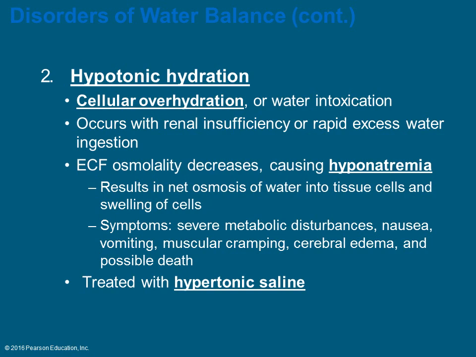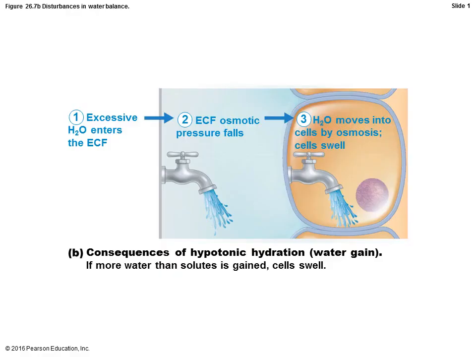In this case, a lot of water goes into the tissue cells and the cells swell up. Symptoms include nausea, vomiting, and muscle cramping. You often have huge disturbances in the metabolic processes, and this can lead to death. This can be treated with hypertonic saline ingestion.